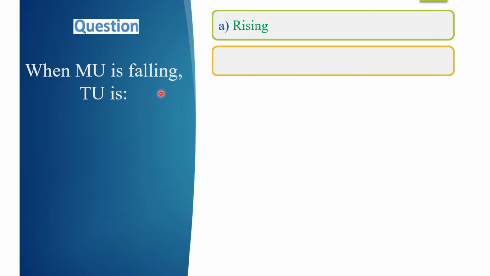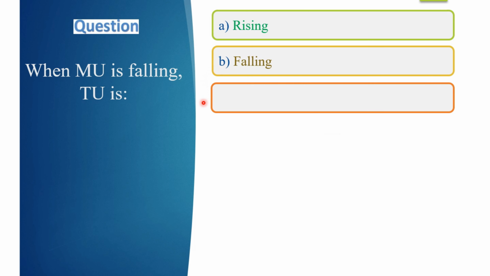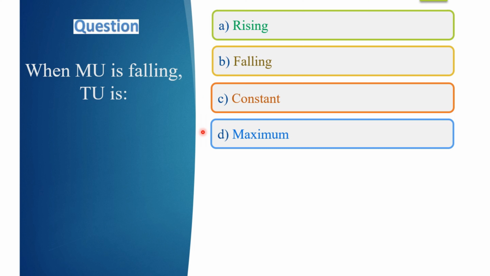Our next question is regarding MU and TU. In this slide, MU means marginal utility and TU means total utility. So the question is, when the marginal utility is falling, TU is what? Option number 1 rising, option number 2 falling, option number 3 constant, or option number 4 maximum.